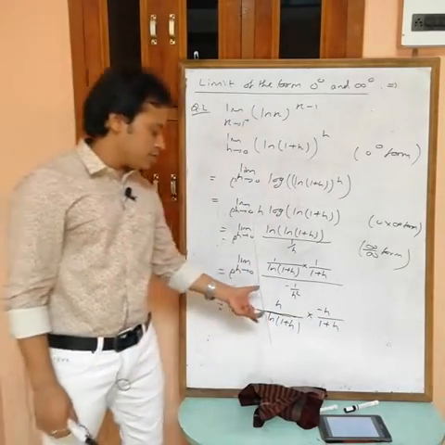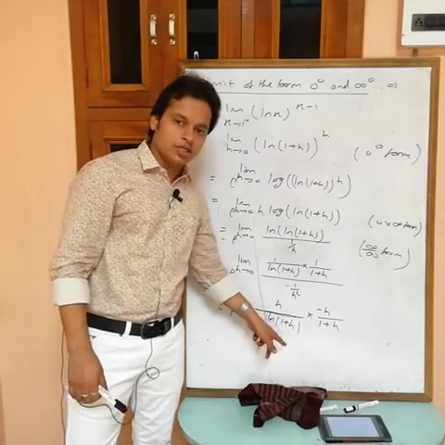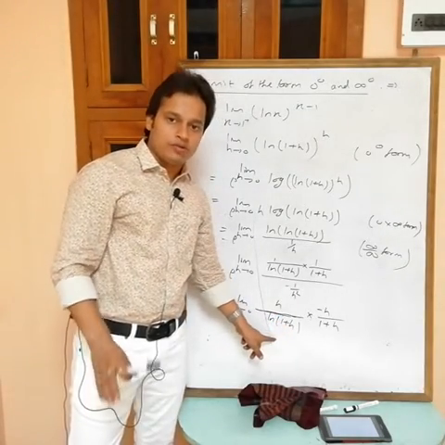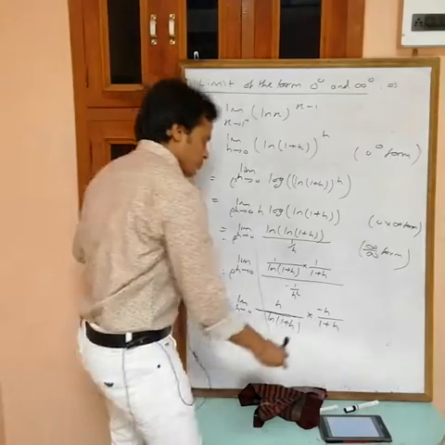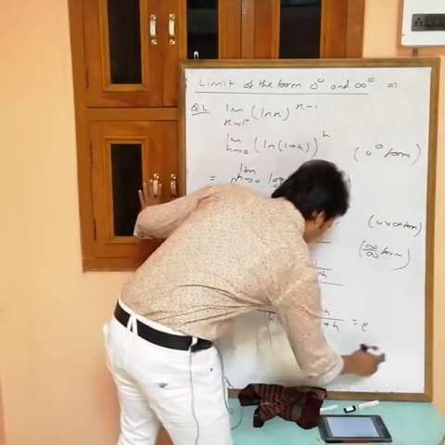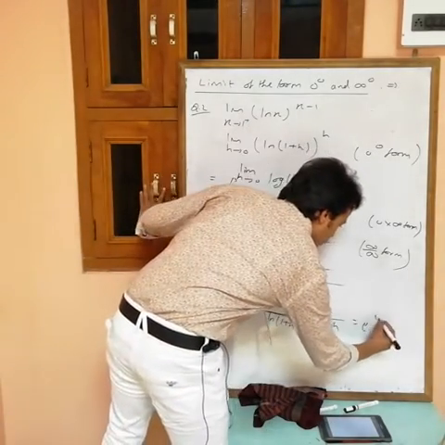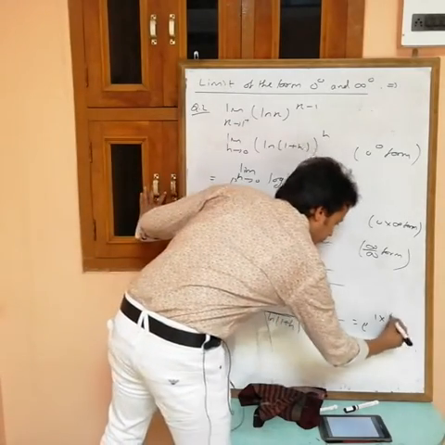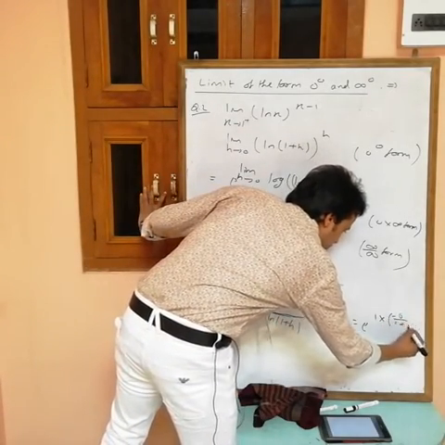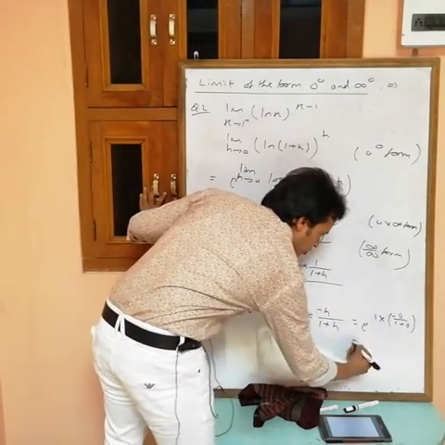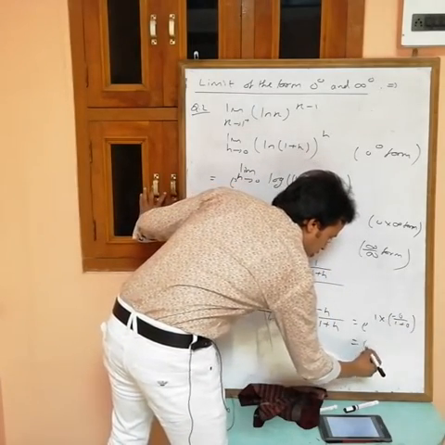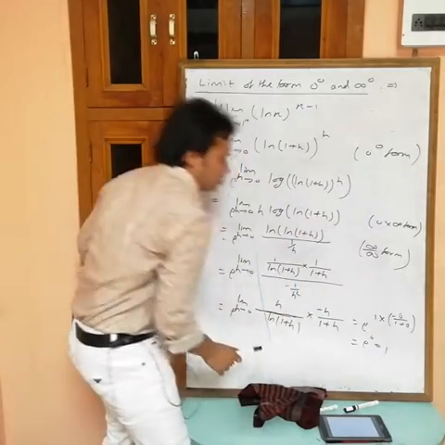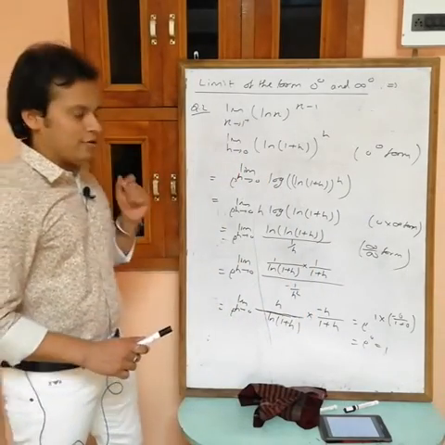Now this is the standard limit, ln 1 plus h by h, that is equals to 1. So e power limit of this one is 1 into, put h equals to 0, this is finite now, minus 0 by 1 plus 0, so total is e power 0, because 0 by 1 is 0, e power 0, that is equals to 1. So answer is 1. Okay, write down.